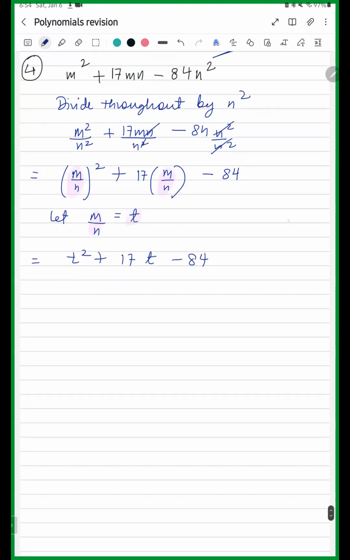So 84, in such a way that we get 17. Let's think about it. So it's a minus 84.